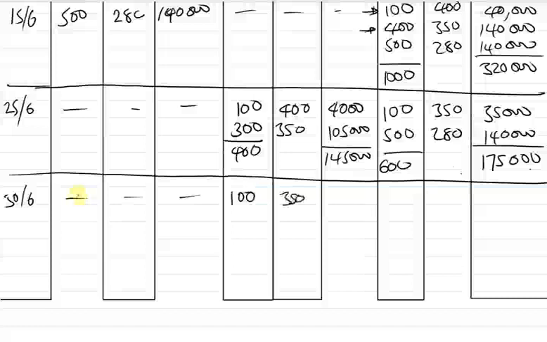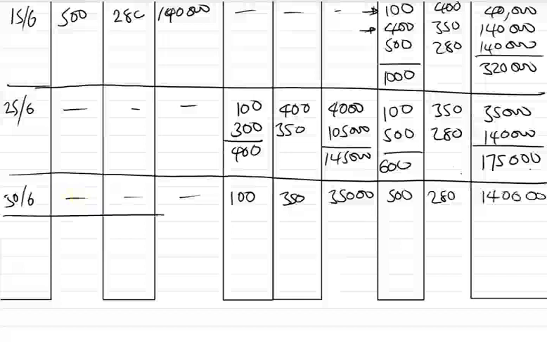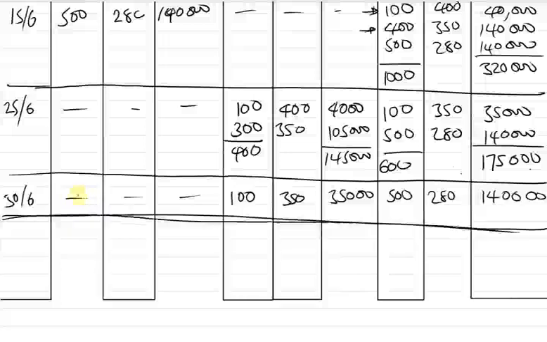Because this is the 100 that we're talking about. The value will be 35,000, right? So the balance will be only the 500 that is remaining. 500 at a value of 280, so it's going to be 140,000. So this is what is supposed to be done. So you have come up with your schedule. This is your final closing inventory value.